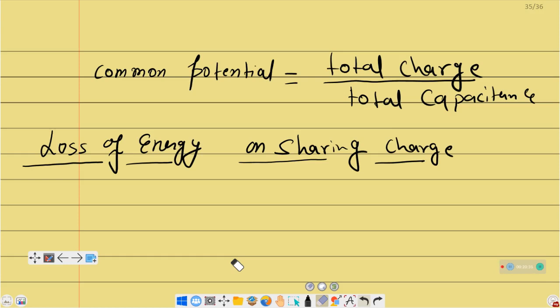Now we have to calculate the magnitude of the loss of energy when we share charges, meaning when we connect two conductors or two capacitors with a conducting wire. As we know, the common potential is V equal to C1 V1 plus C2 V2 upon C1 plus C2.